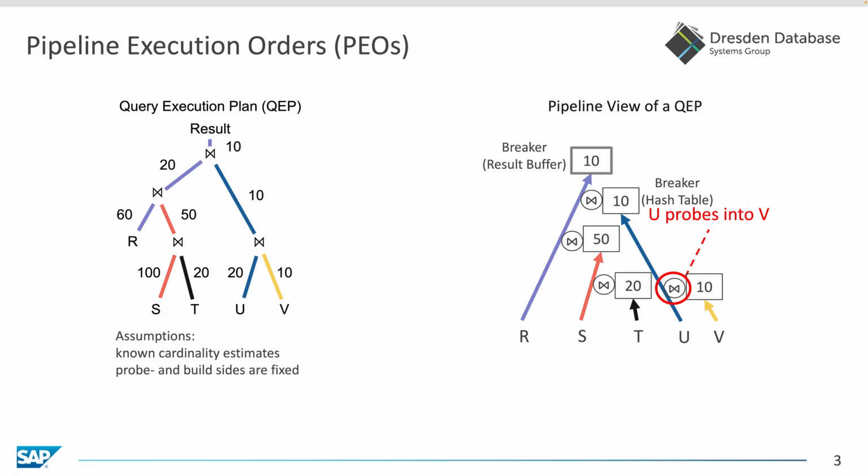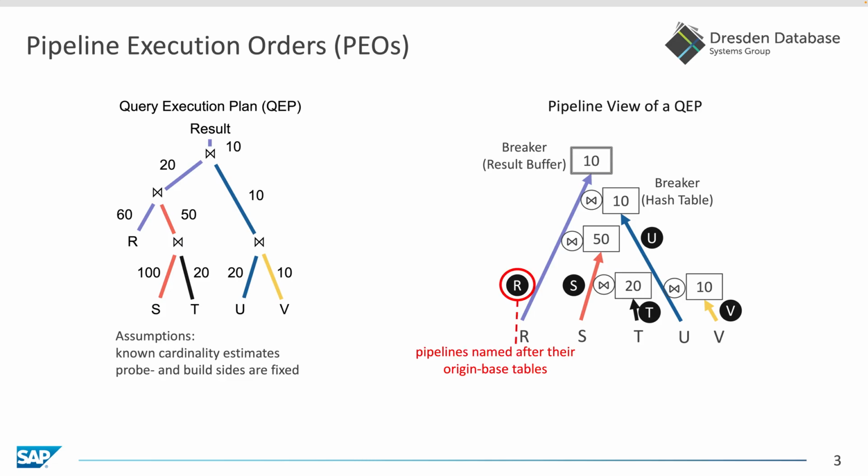We use this bow tie notation to note that some pipeline, for instance pipeline U, uses the pipeline breaker of V in order to execute some hash join. We also name the pipelines after their origin base tables for later introduction of our algorithms. And we argue that the memory consumption of the pipelines is actually dominated by their individual pipeline breakers.